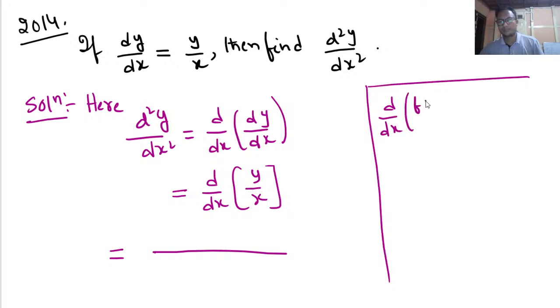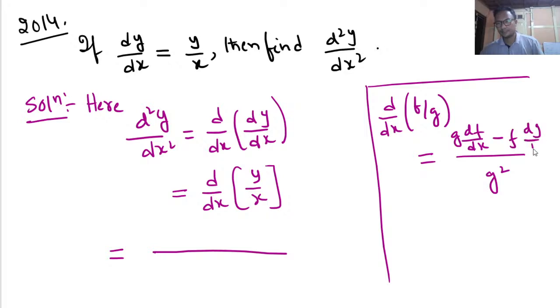Remember, what is the division rule of differentiability? Let's say we have two functions, f by g, and the division rule is: g square in the denominator, and in the numerator g df by dx minus f dg by dx. So remember this rule. So we have to apply this rule.